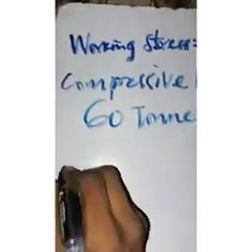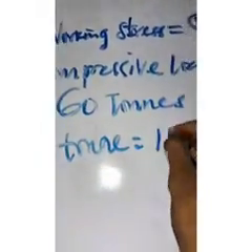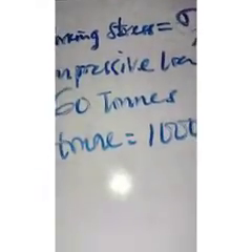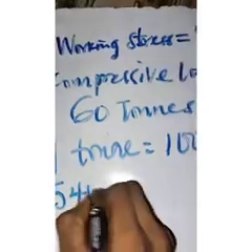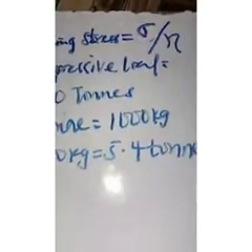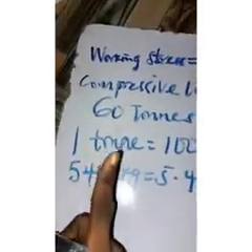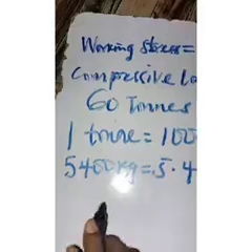And if you find out from the standard, 1 ton is equal to 1,000 kilogram. So you can find out also that 5,400 kg can also be equal to 5.4 tons. And you can now see that from this working stress formula, we are given the compressive load as 60 tons.